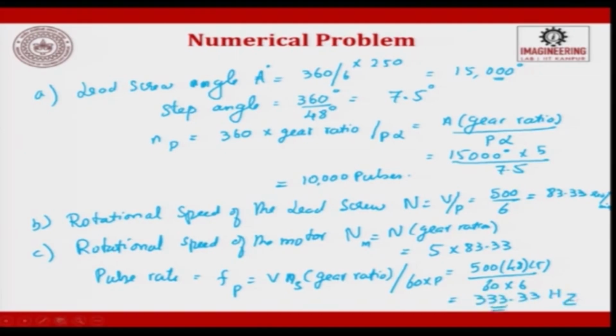So, we have found out the pulse rate, and the motor speed, which is nothing but 416.67 revolutions per minute. So, this is how we try to solve the problem.